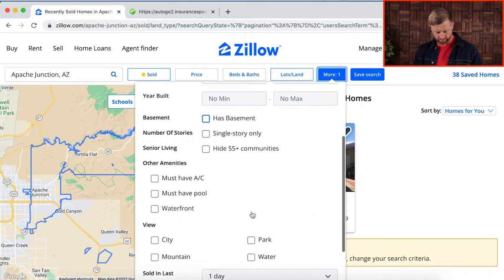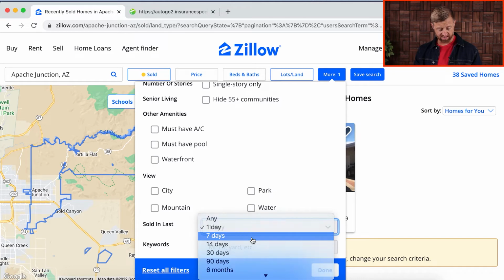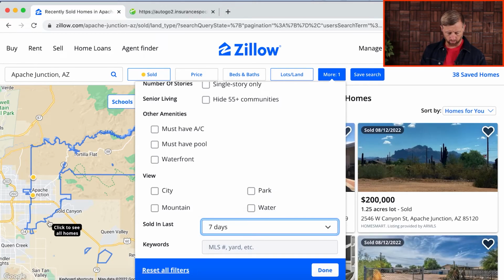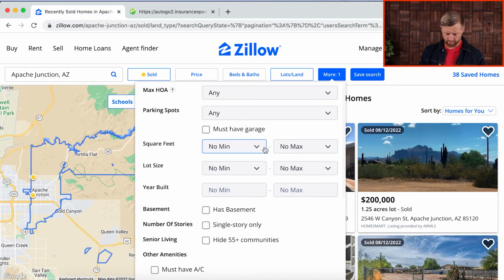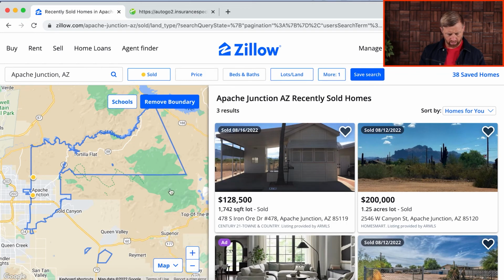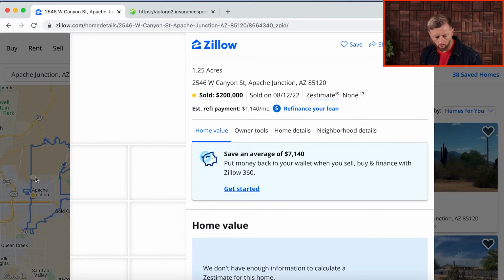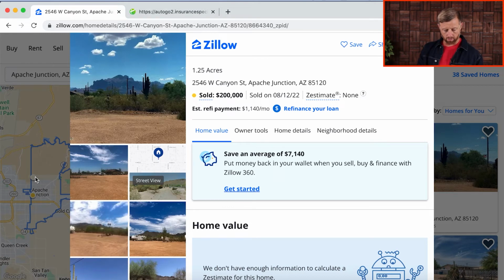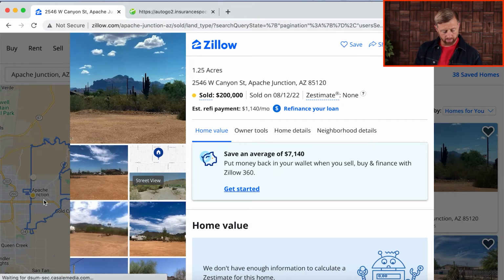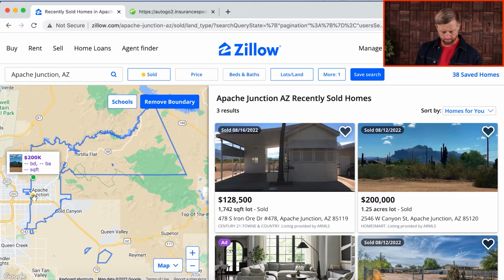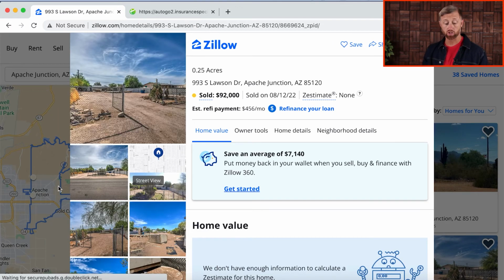And then let's actually go to the last 7 days. All right, there's 2. Let's just click on these. You got one that sold for $200,000. That was 1.25 acres. Let's see what this other one sold for. Got one that sold for $92,000 and it was 0.25 acres. Remember, 10,890 square foot.